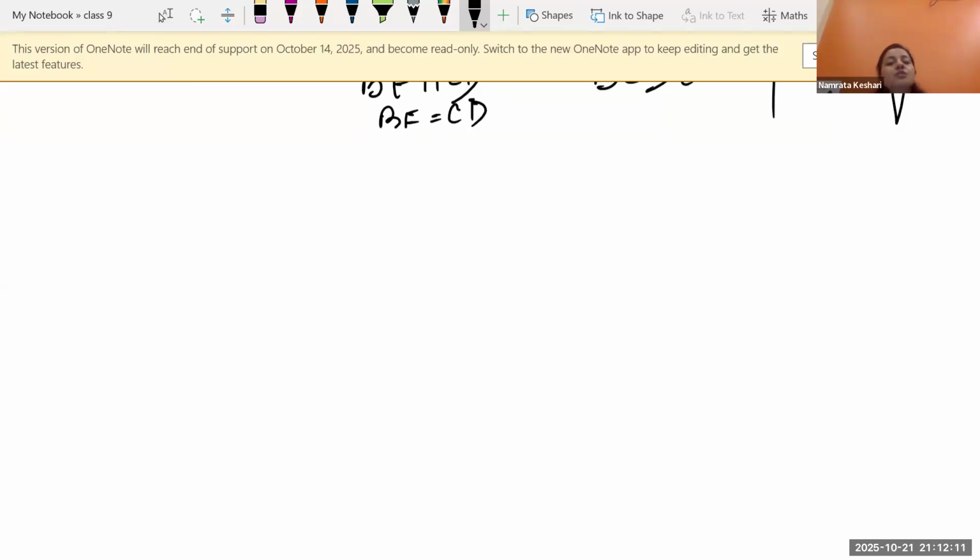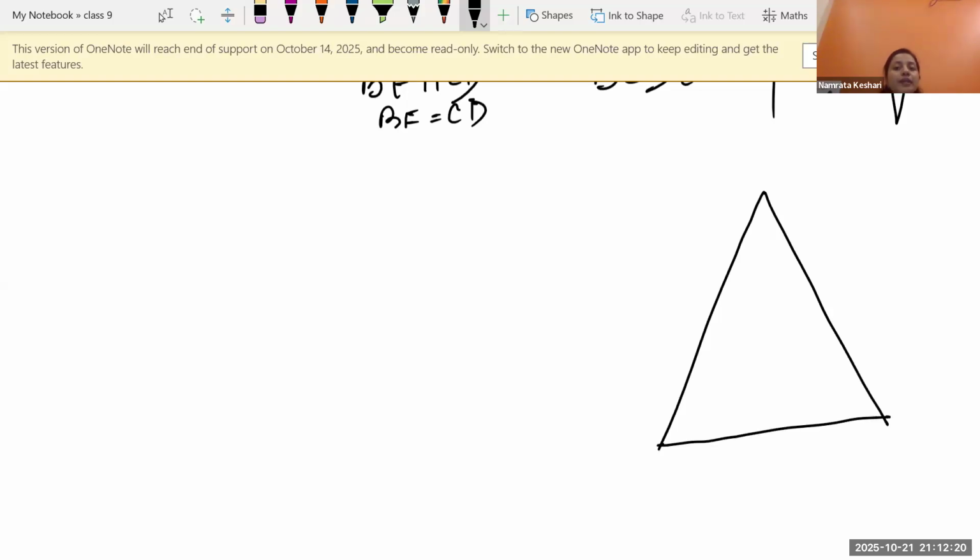However, the proof of the converse I will not be showing today. So the converse of the midpoint theorem says that if you have a triangle, again ABC, and E is the midpoint over here, then the line segment which passes through E and is parallel to BC.